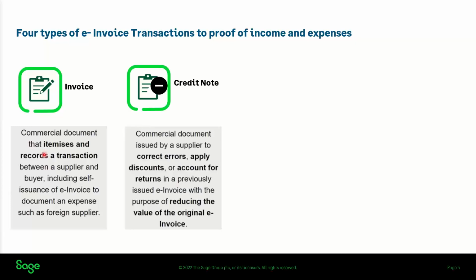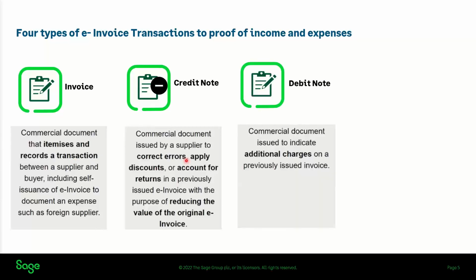The second type of invoice that you need to report to LHDN is a credit note. This is any document issued by you as a supplier to correct an error, apply a discount, or address any issue related to a previously issued invoice. Then you need to issue a credit note. The third transaction is a debit note.